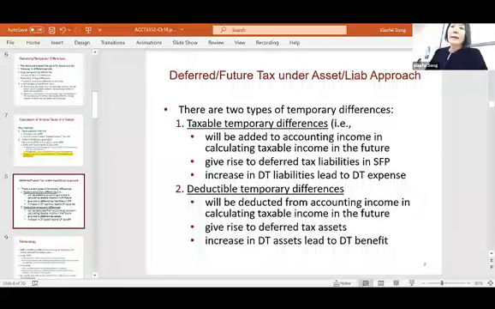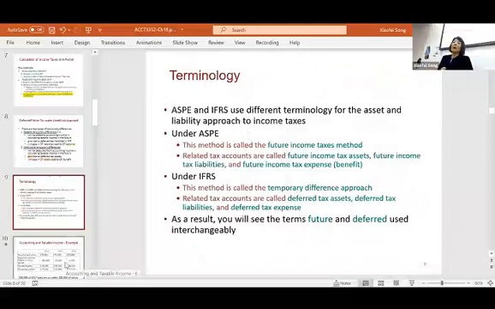Before we look at the example, a bit of terminology, right? The asset and liability approach is required under IFRS, and it's optional for small and medium, like a private entity. I think that's true for almost everything.